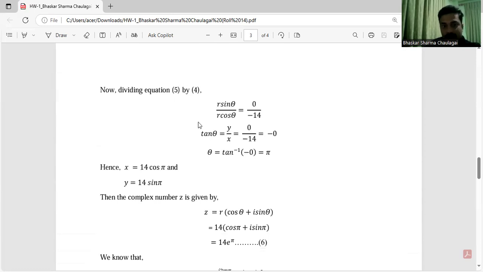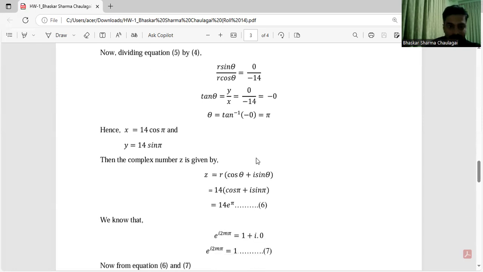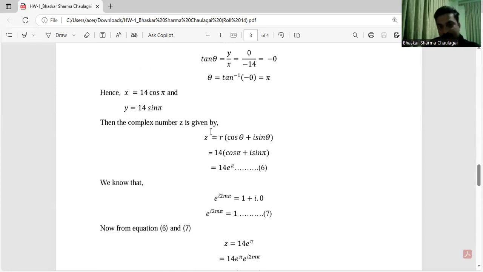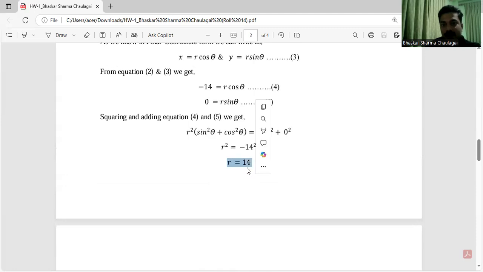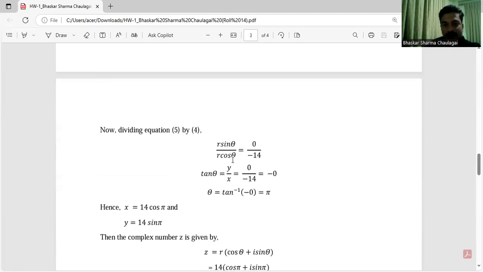Now dividing equation 5 by 4, we get tan theta is equal to y divided by x, and the result will be negative 0, and we can write the value of theta as pi. Then the complex number z is given as z equals r times cos theta plus i sin theta, and the value of r is substituted as 14. We have already calculated the value of r from equations 4 and 5.